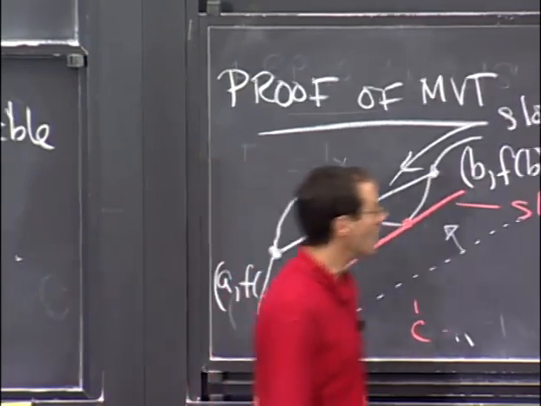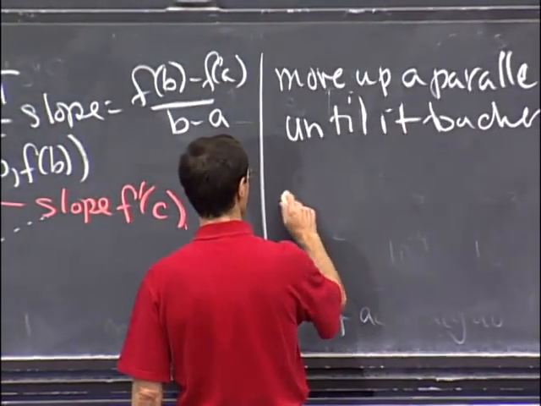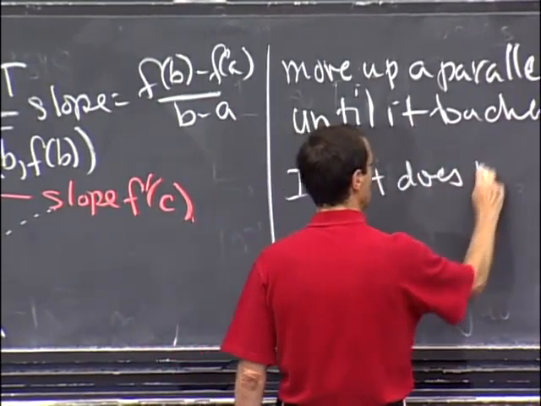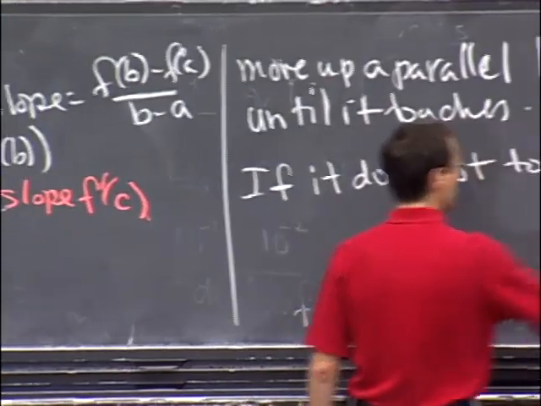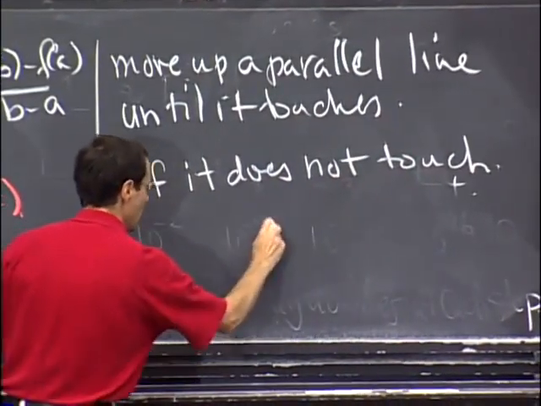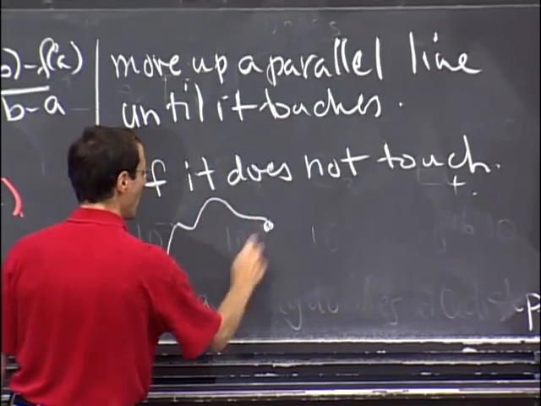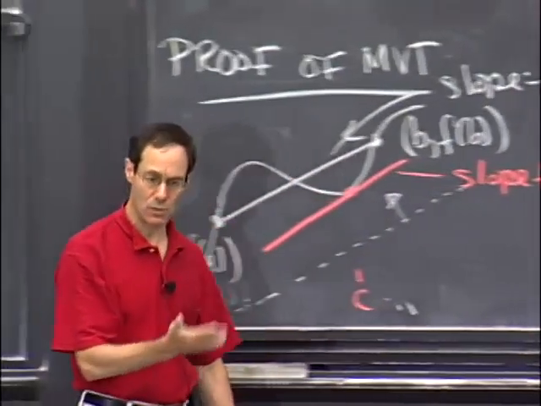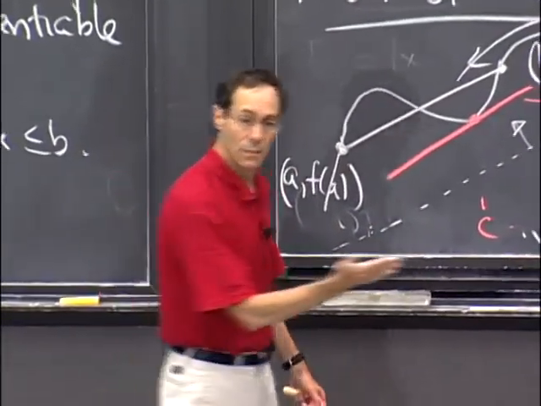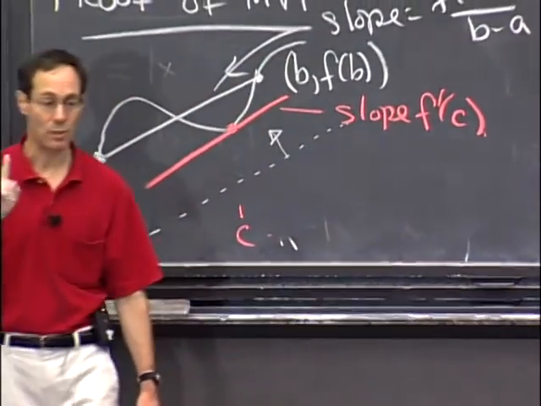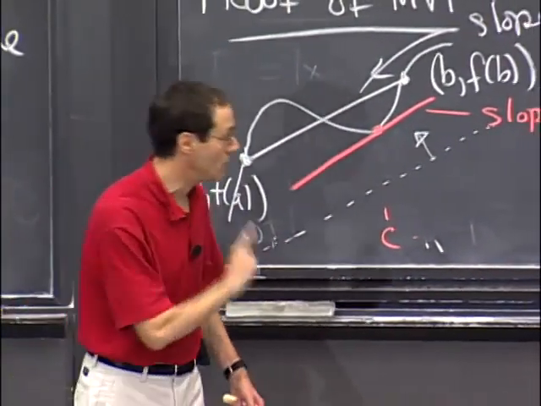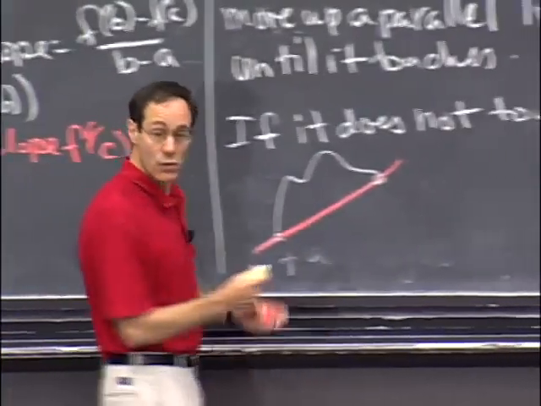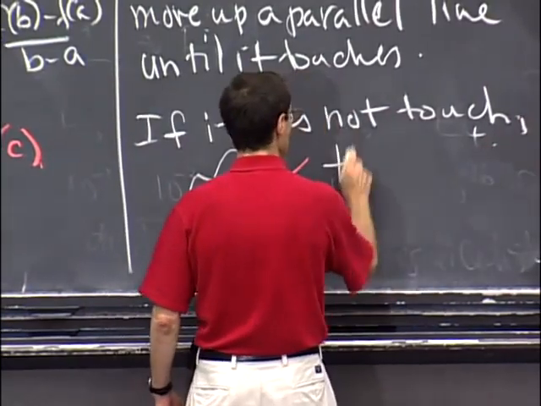But there is one thing that can go wrong. If it does not touch, then the picture looks like this. Here are the same two points, and the graph is all above. And we brought up our line, and it went like that. So we didn't construct a tangent line if this happens. We're in trouble in this situation. But there's a straightforward trick.